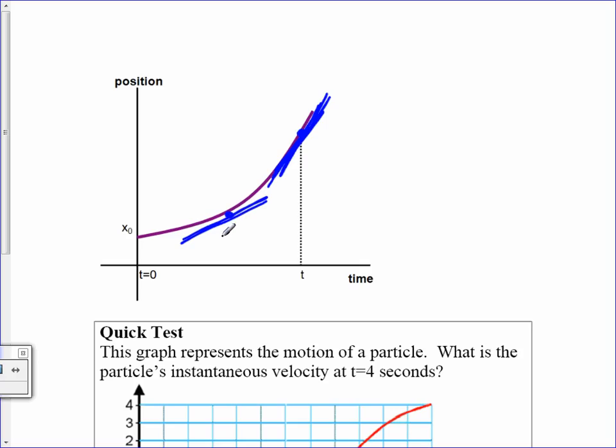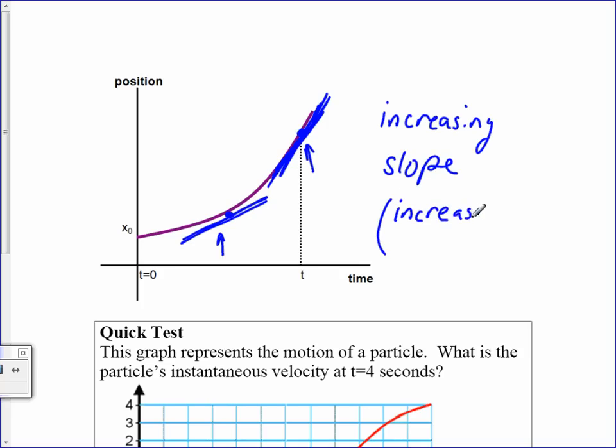The slope at this point is smaller than the slope here. So I can see that this graph shows an increasing velocity. It has an increasing slope. We'll see a number of different questions where you have to interpret these position versus time graphs. Remember, the slope of the position versus time graph gives us the velocity.